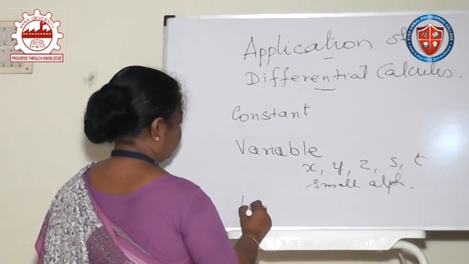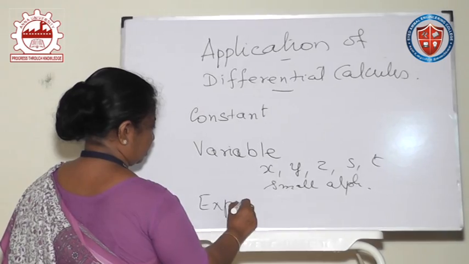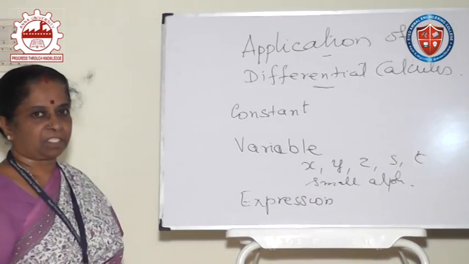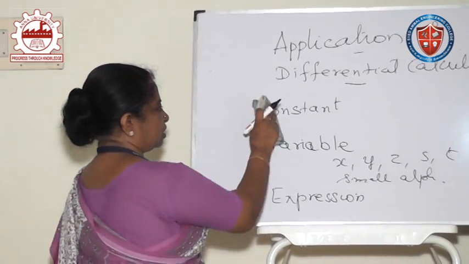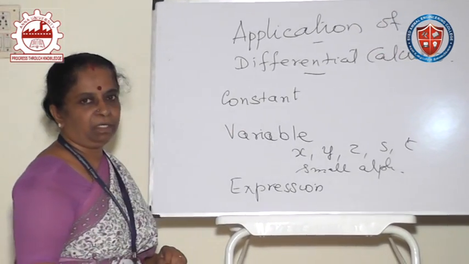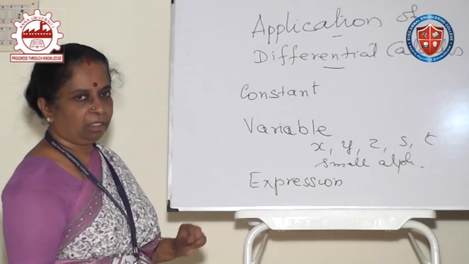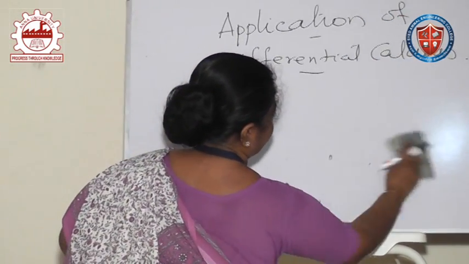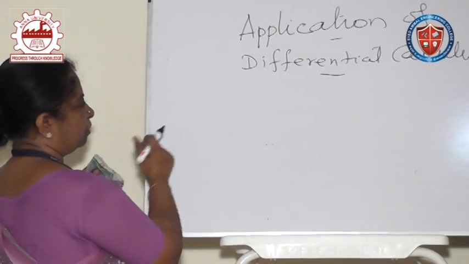We will go in for the expression. The expression is the constant and the variable related by arithmetic operators. We make them as an expression.